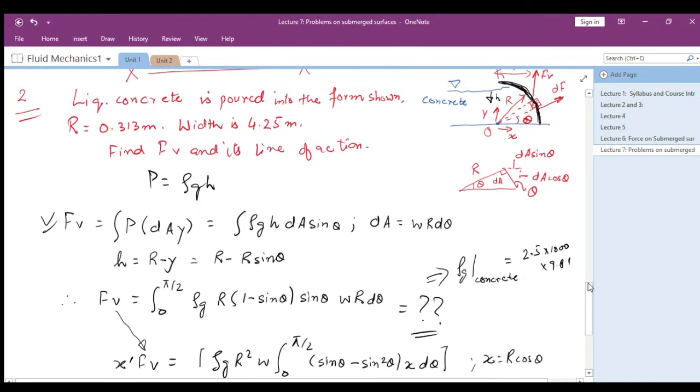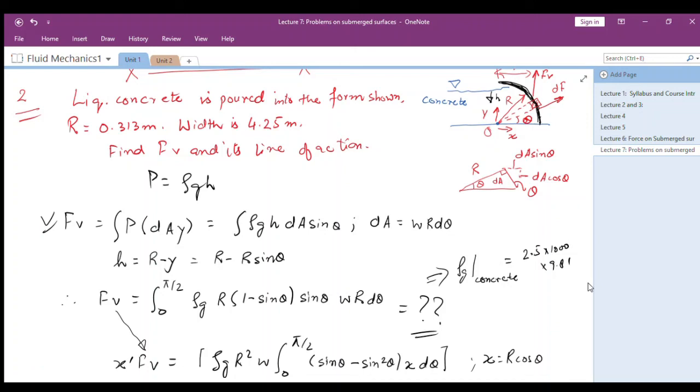So from these two examples you would see that to tackle such kind of problem, there is a way to do that. You need to find the components of the resultant force, which means the vertical component Fv and the horizontal component Fh. And then you also have to find the location of the horizontal component, which is going to be y dash, and the location of the vertical component, which is going to be x dash.